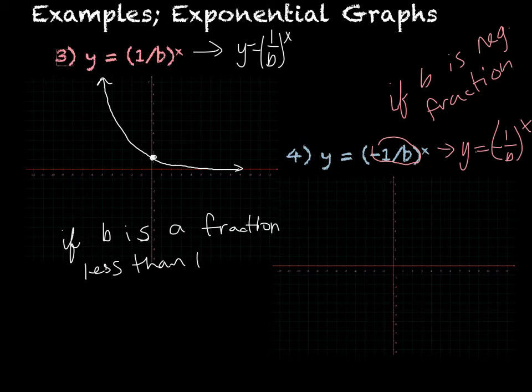So if I were to graph that, it's going to start really, really low, and then come up and go through 1, and then get closer and closer to my axis. So that is if we have a negative fraction inside the parentheses.